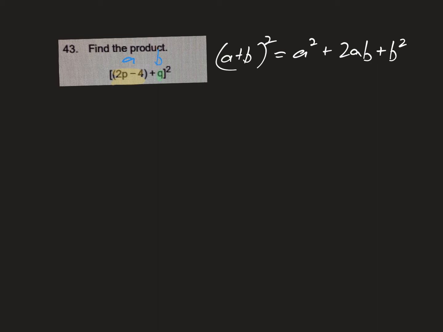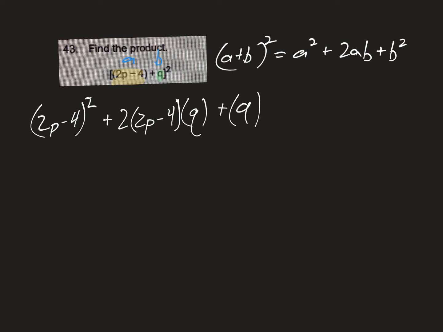So we've got A squared, so 2p minus 4 squared, plus 2 times 2p minus 4. So that's 2A, and then of course times B, which is q, and then plus q squared.